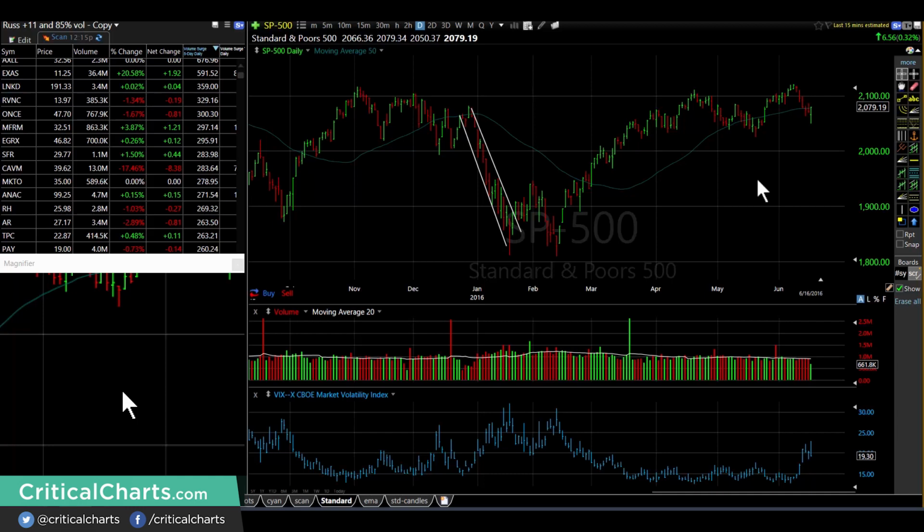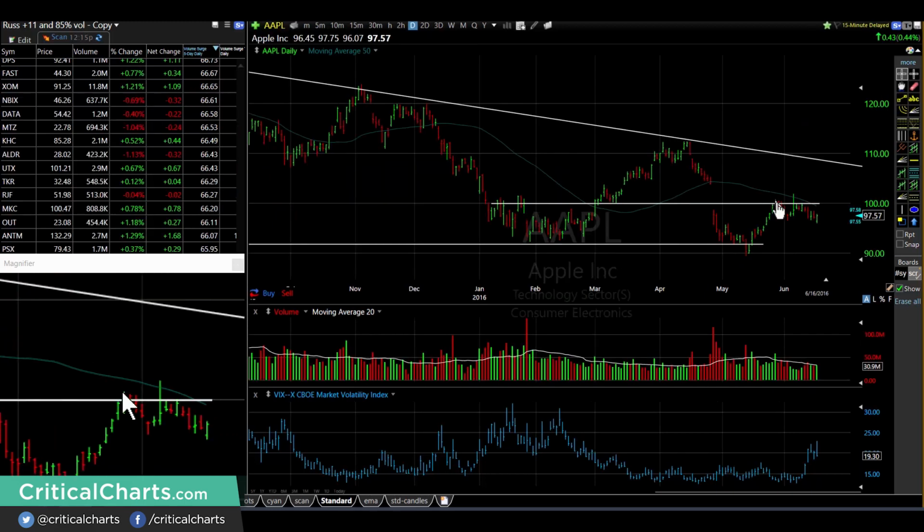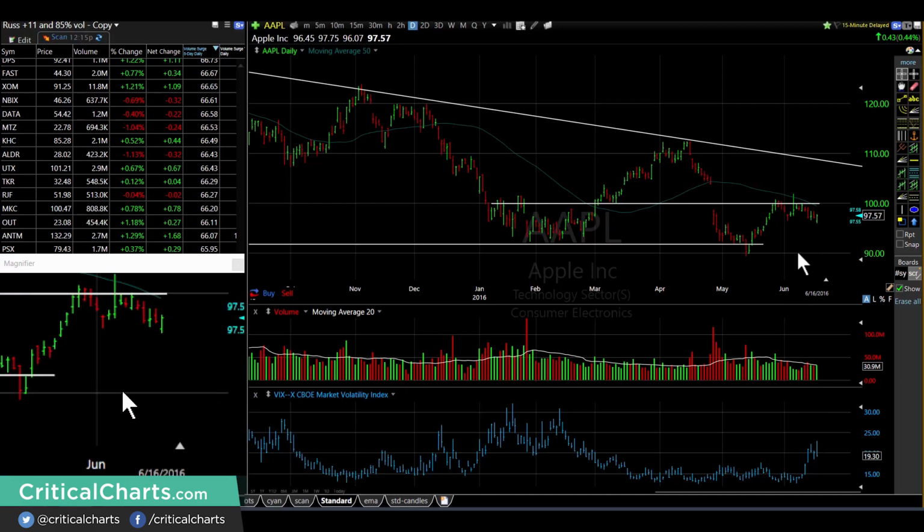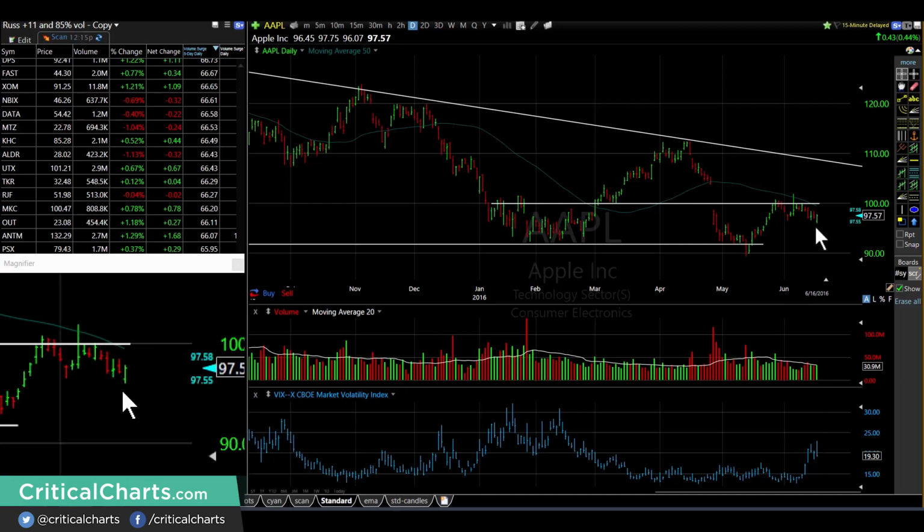It doesn't matter that the VIX is based on the S&P 500, because it's going to affect other stocks as well. For example, if you're trading Apple and you see that the VIX is higher, you might want to give yourself a little more cushion to the downside or the upside on your stop.